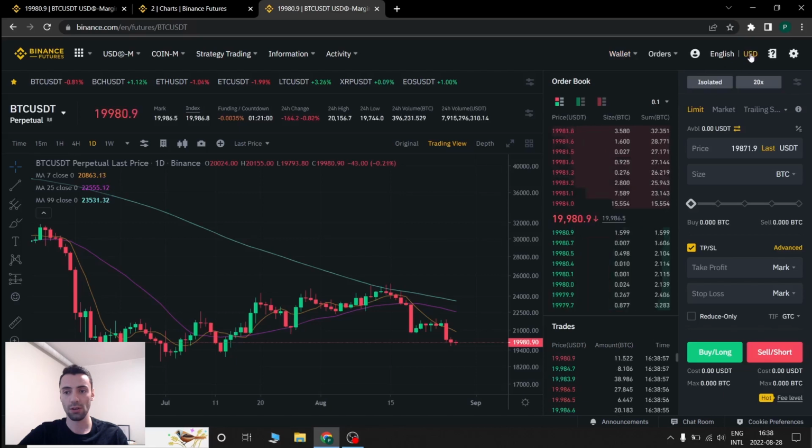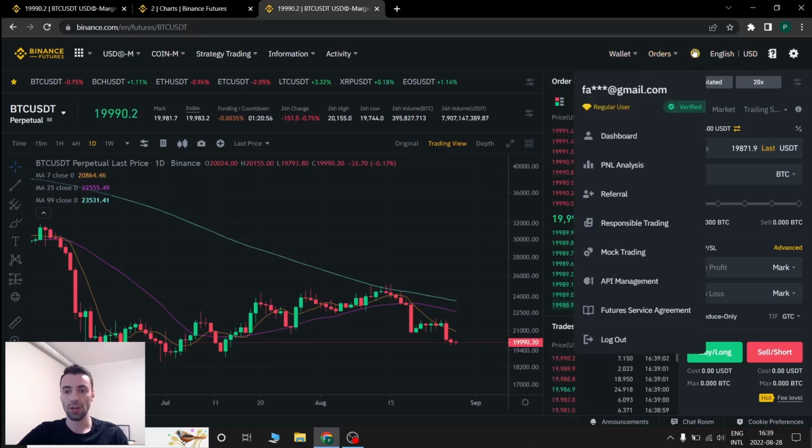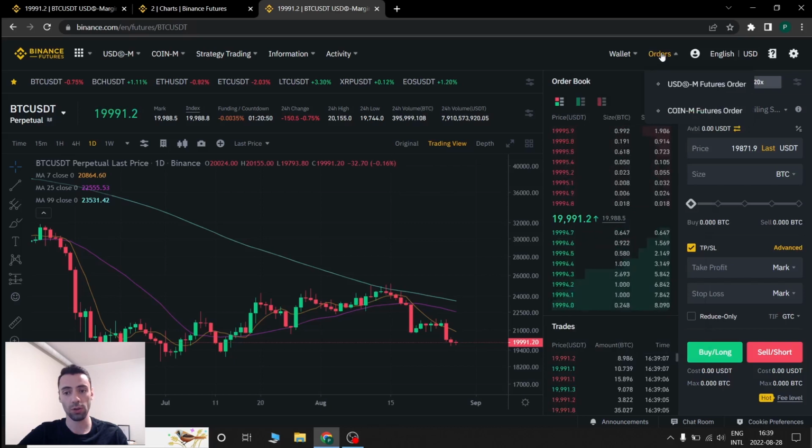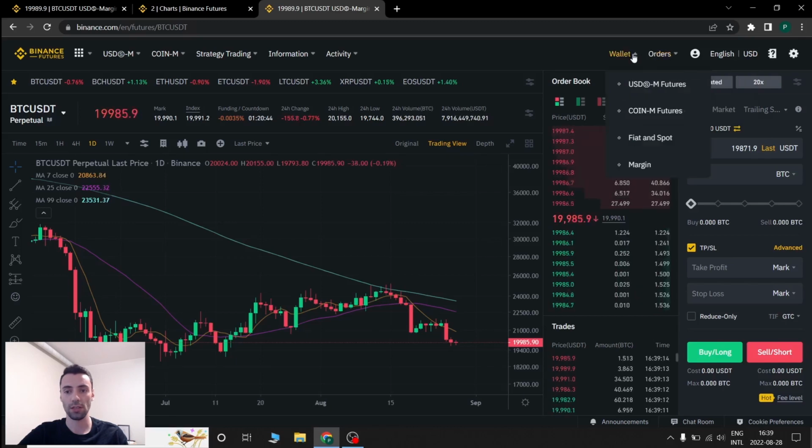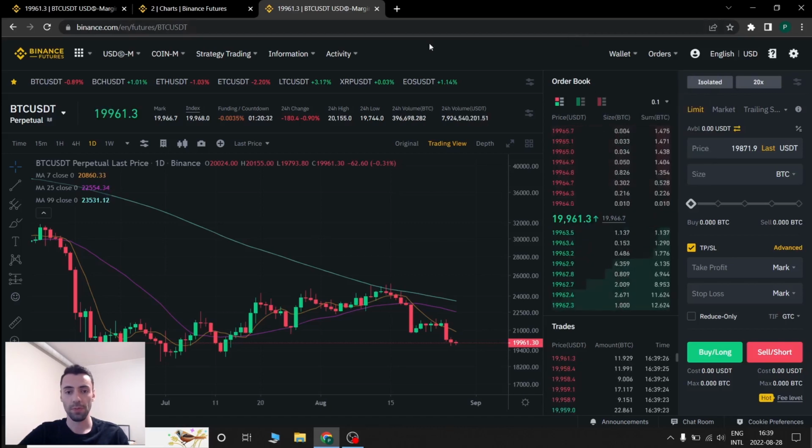So this is our currency, which is based on dollar. This is the language. This is our account dashboard. You can go through the dashboard and other things. These are our orders. When we open our positions, you can see them here. And this is your wallet. We have our wallet based on USDM futures or coin futures, fiat and spot, which I talked about in the previous video, and margin.